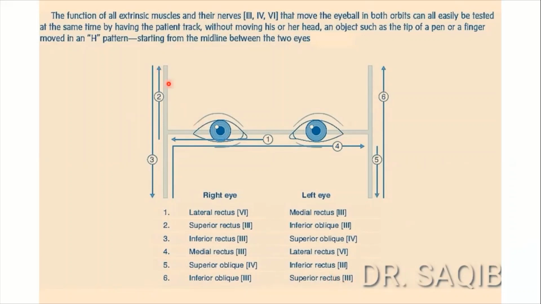So this is the H. From here you can see this is a very amazing H test. All the extraocular muscles and all the three nerves, which are the third, fourth, and sixth, are tested. They are numbered over here. I mentioned it too.